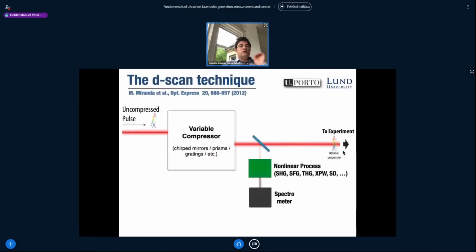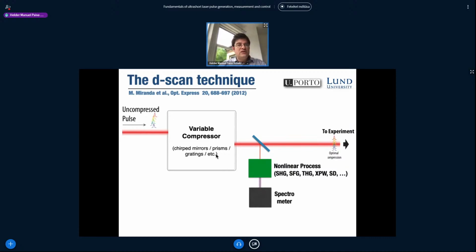Okay? Now, what we realized some years ago was that all you have to do to be able to measure the pulse is to take a small fraction of the pulse after the compressor and create a nonlinear signal. For instance, multiply its frequency by 2, a thing we call second harmonic, so changing red into blue, if you like, and do this as a function of dispersion.